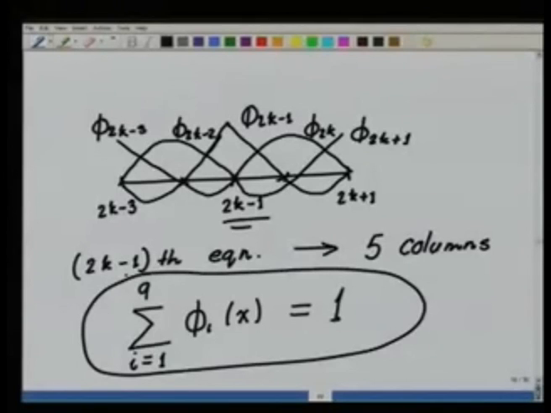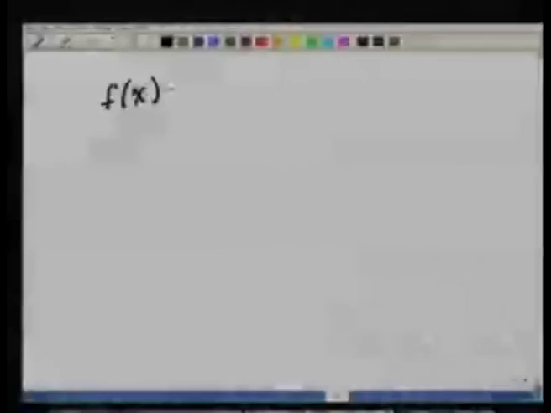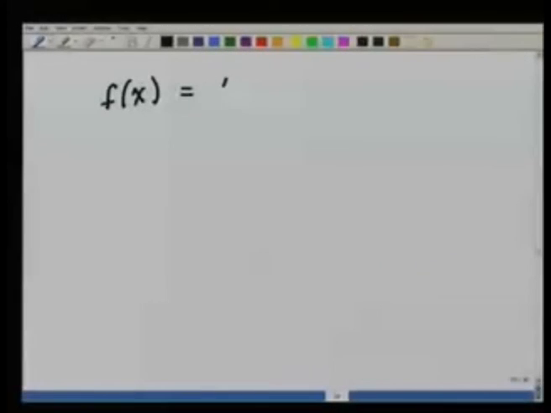Why is it so? Remember, we had said that these functions phi k should be able to exactly represent any polynomial up to a quadratic. So a constant is also a global polynomial which should be represented exactly, and in constant I will take my function f(x) which I want to represent to be 1. This will be equal to sigma ui phi i.